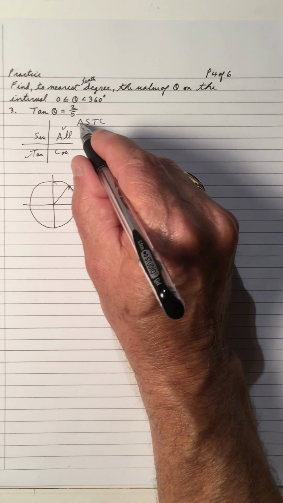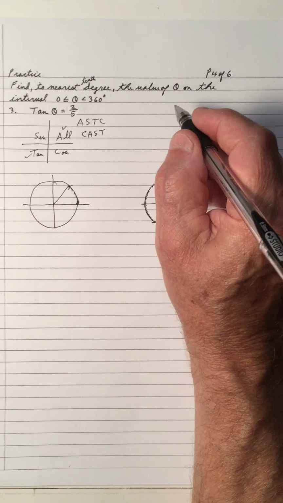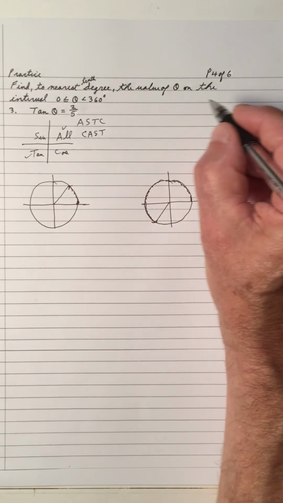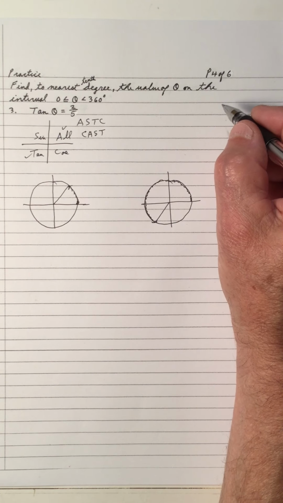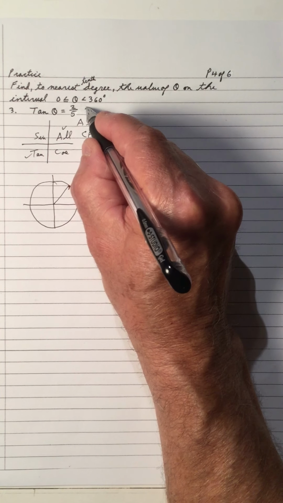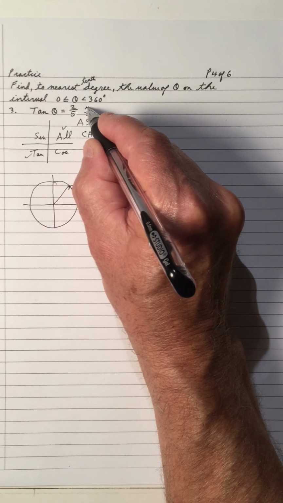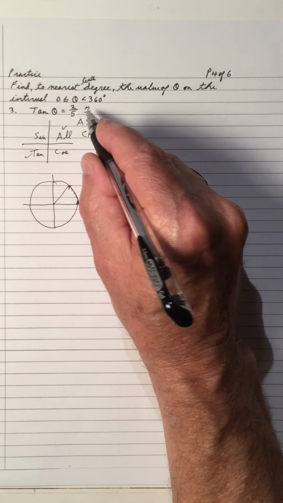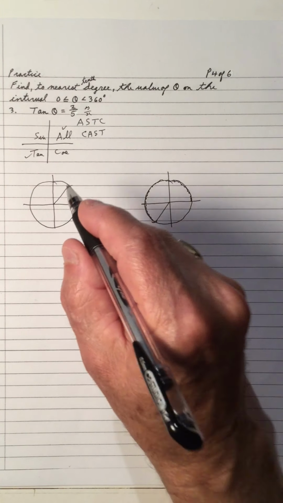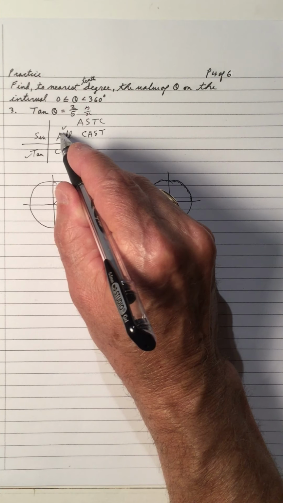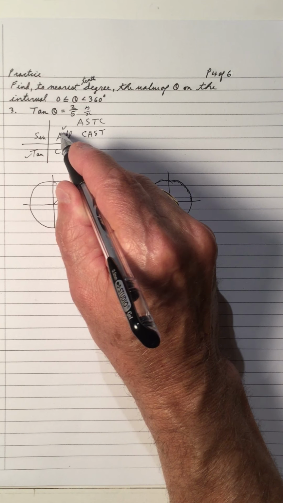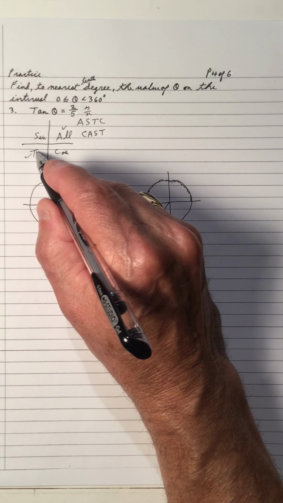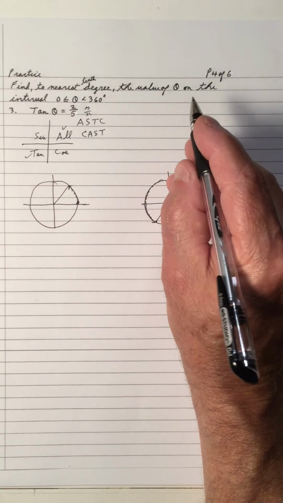I'd rather use ASTC. Or another way, remember tan is y over x. If you put the y over the x and you get a positive fraction, that means the two signs have to be the same: in quadrant 1, x is plus, y is plus, or in quadrant 3, x is negative and y is negative.